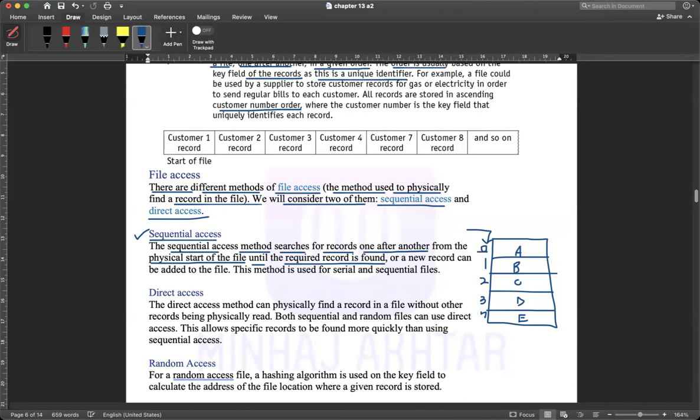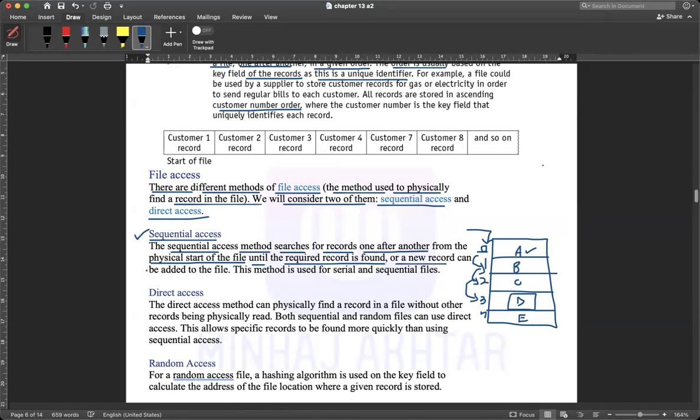On location number 0, we have file A. Our destination is file D. So the computer works in a proper sequence like this: then 1, then 2, and then finally we reach our specific record, and that is D. So it means that in sequential access, the method is going to access the files one after another.